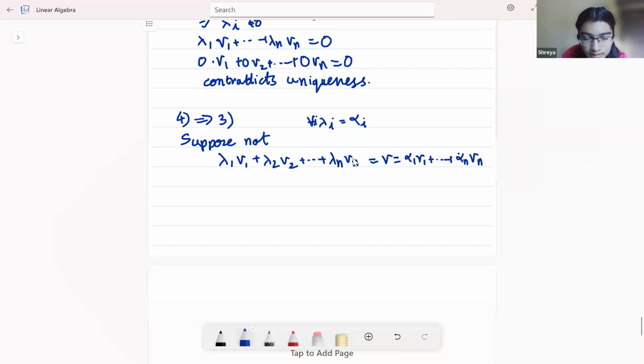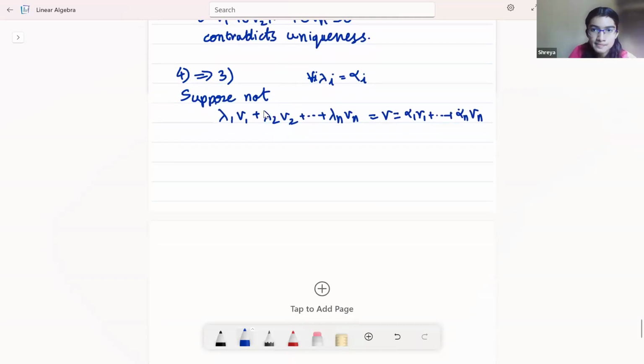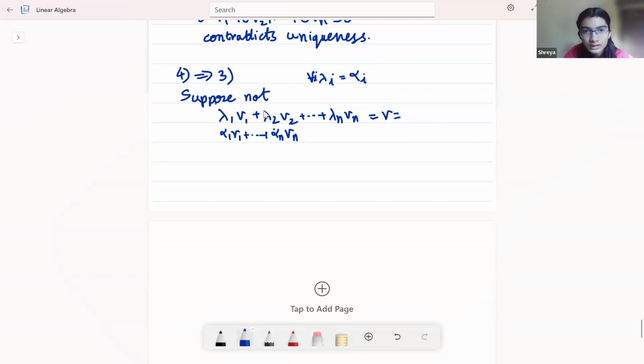So now what you'll do is take the difference of these things. We just directly subtract these two. Since it follows all the usual properties, you'll get that lambda 1 minus alpha 1 times v1, plus lambda 2 minus alpha 2 times v2, and so on, is equal to 0.